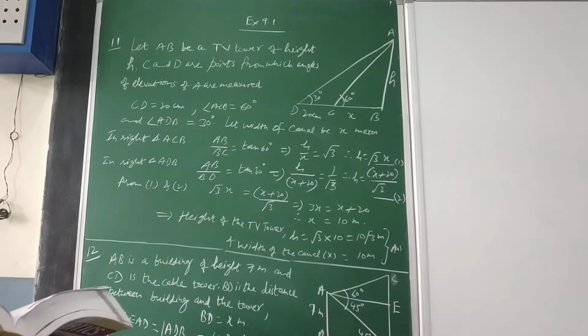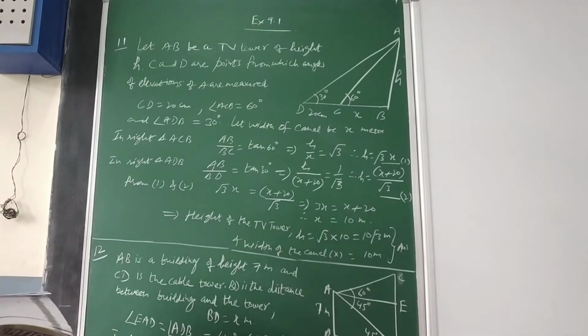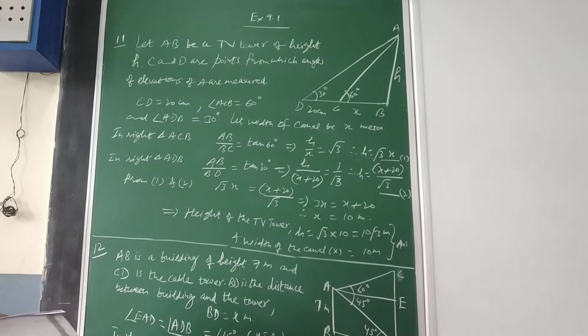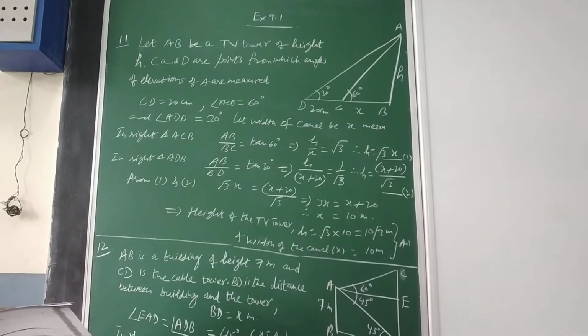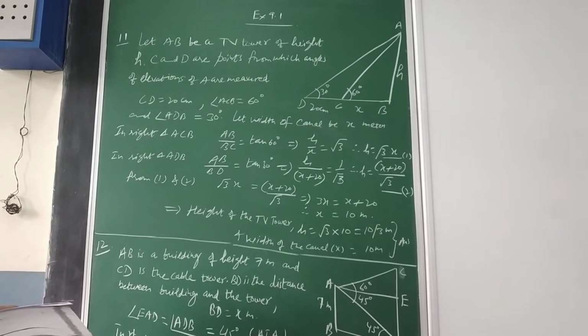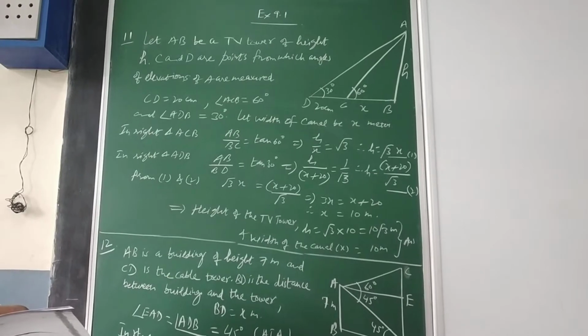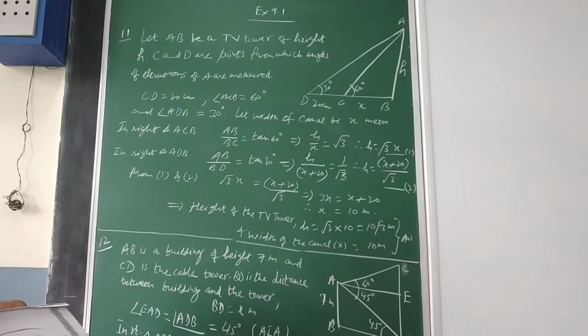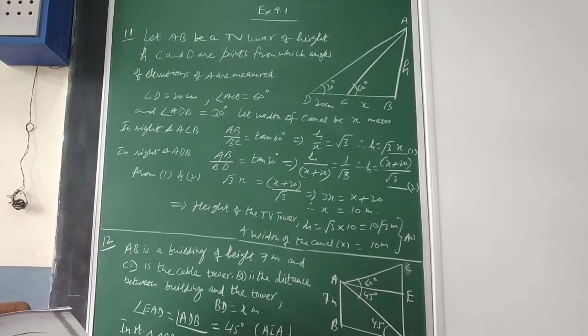The statement for that is, a TV tower stands vertically on a bank of canal. From a point on the other bank directly opposite the tower, the angle of elevation of the top of the tower is 60 degree.